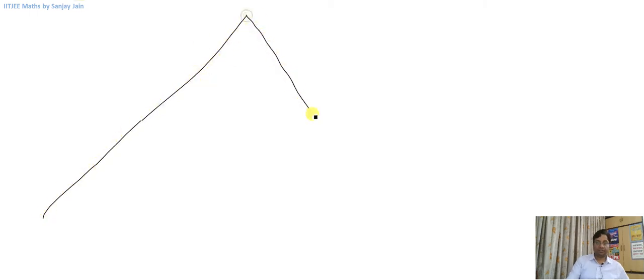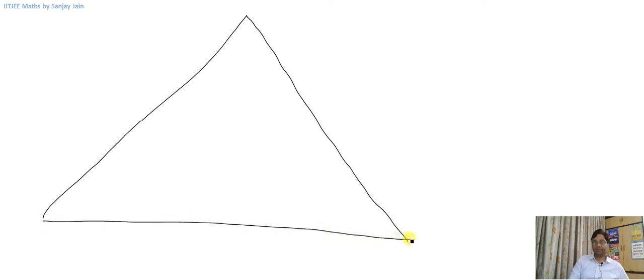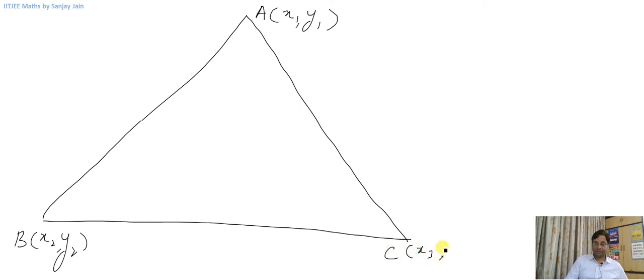Let me draw another triangle. I am drawing a big triangle so that I can easily visualize things, and it is always recommended in case of geometry that you draw the figures of big sizes. This will not let the board become messy, right?